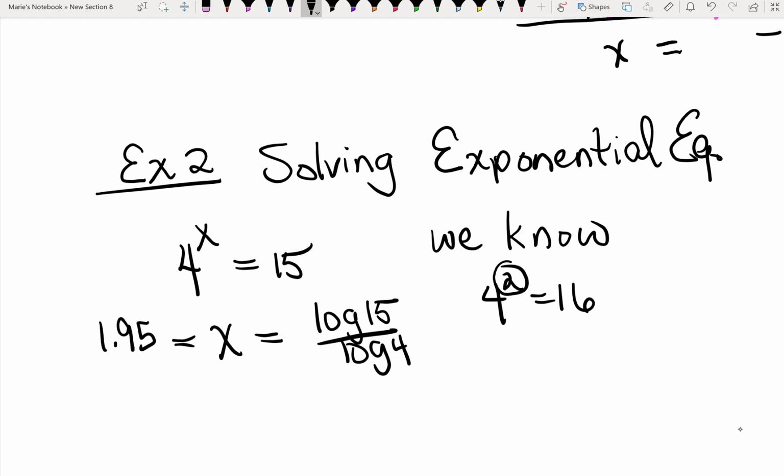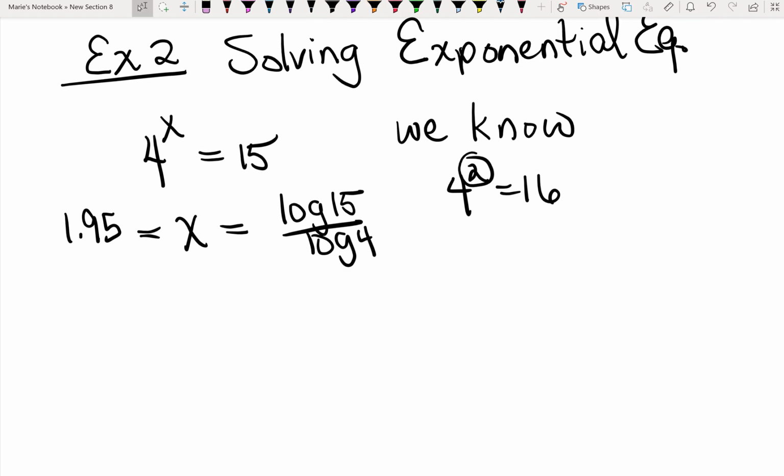You notice again, it's pretty close to 2, but not exactly 2. That's something I want you to consider once you learn your bases and you're really comfortable. This is the first of example 2. This is the second one.